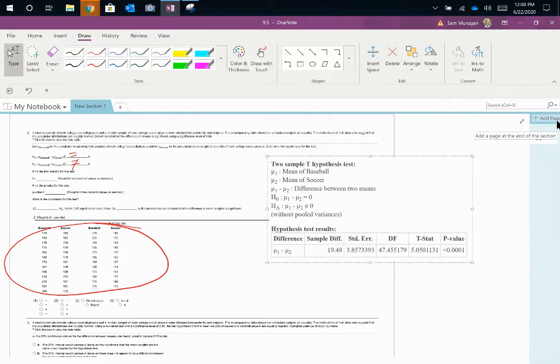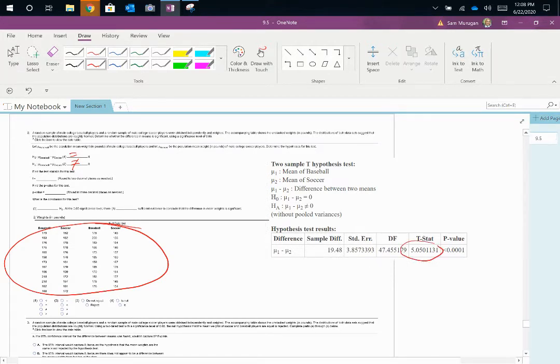All right, so here we go. The t value to 2 decimal places is 5.05. And the p value to 3 decimal places is 0.000.